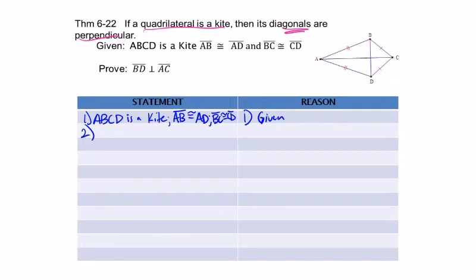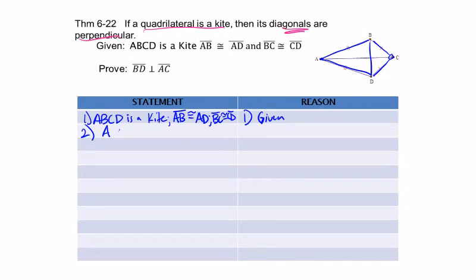I think the best way to go is to say that since A is equidistant from B and D, the two endpoints of BD, that means A must be on the perpendicular bisector of BD, right? So I can say A and actually C for the same reason, right? So A and C are on the perpendicular bisector.